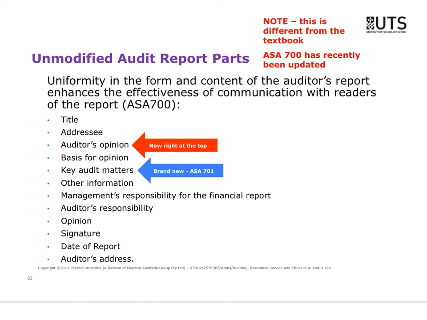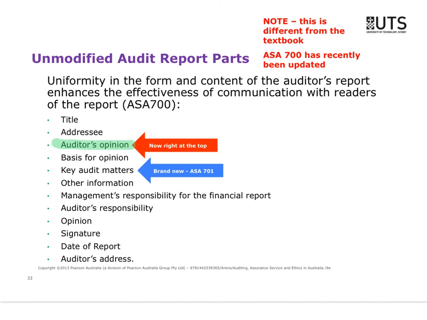The audit report has a slightly different layout now compared to your textbook. So note up here is different from the textbook layout because ASA 700 has been updated. The auditor's opinion is now the very first thing that shareholders will see because we want to make it very clear.